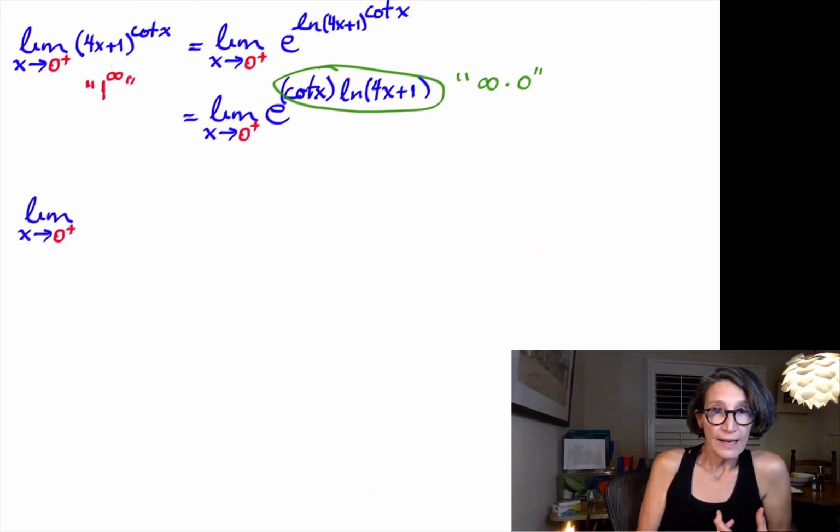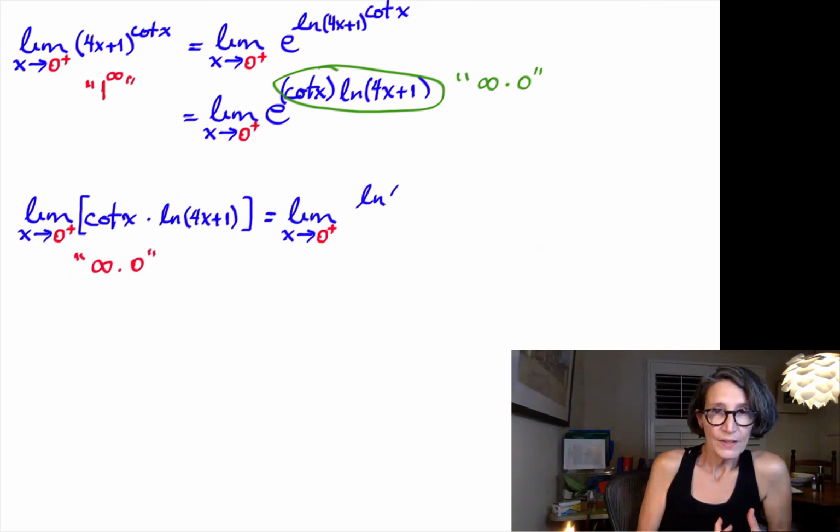And so to take the limit as x approaches 0 of the cotangent of x times the natural log of 4x plus 1, we rewrite it as a quotient. So we're going to write it as the natural log of 4x plus 1 over the tangent of x. So now it has indeterminate form 0 over 0.